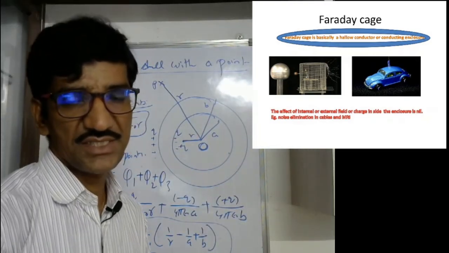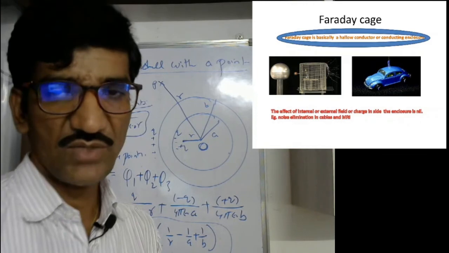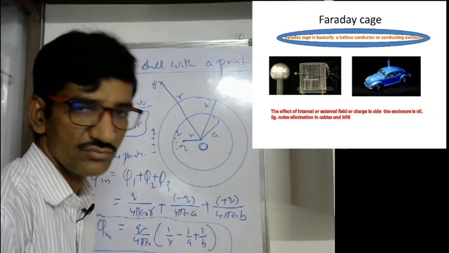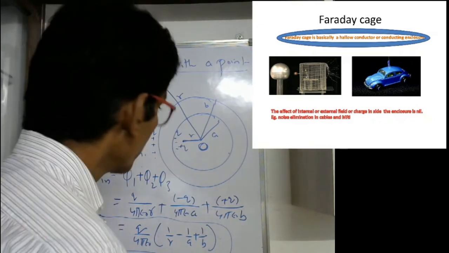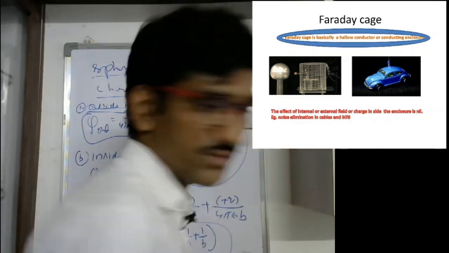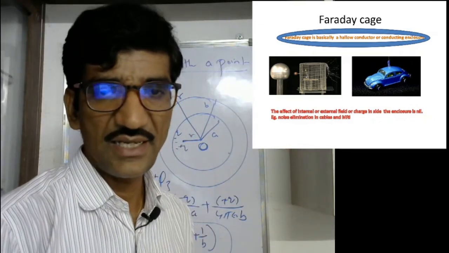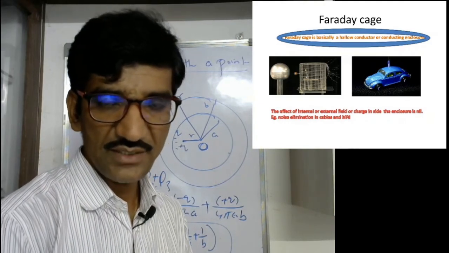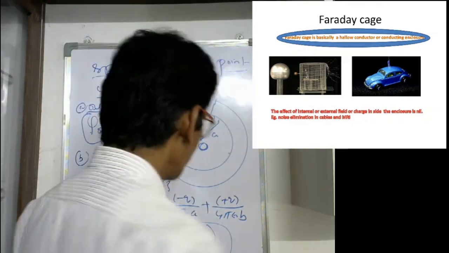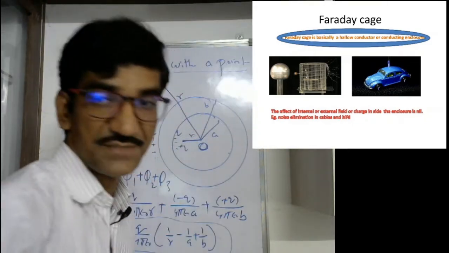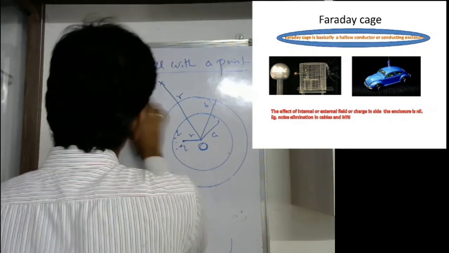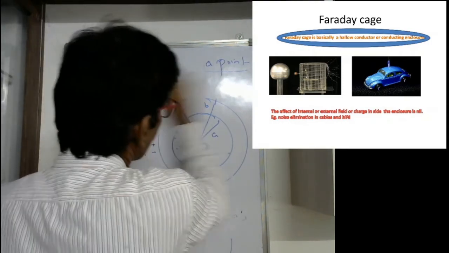What is the importance of this Faraday's cage? You may take any enclosure, including a car or a lift chamber made of metal, as a Faraday's cage. It can be used in MRIs.